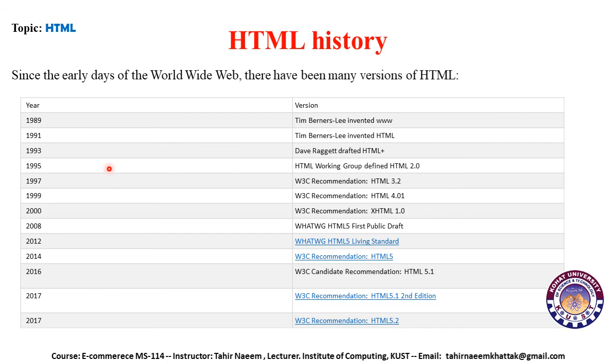In 1995 HTML Working Group defined HTML 2.0, then in 1997 W3C recommendation HTML 3.2, then in 1999 W3C recommendation HTML 4.01, then 2000 XHTML 1.0, 2008 HTML5 first public draft, then 2014 W3C recommendation HTML5, 2016 W3C candidate recommendation HTML 5.1, 2017 W3C recommendation HTML 5.1 second edition, and W3C recommendation HTML 5.2.